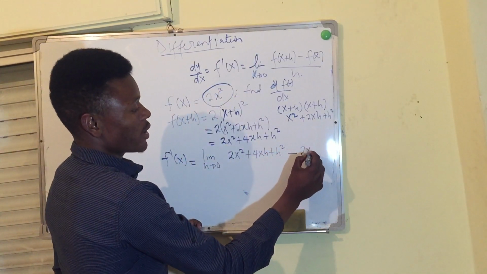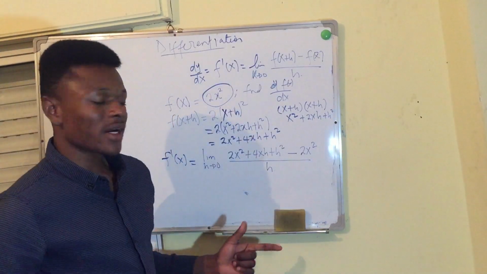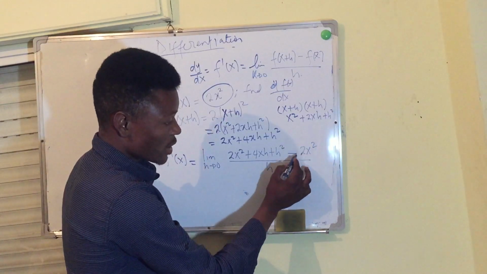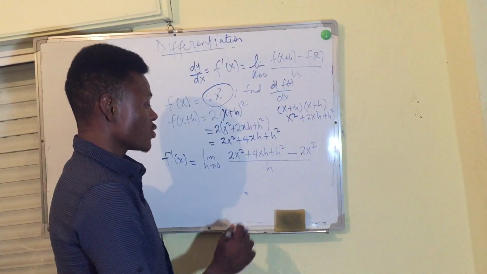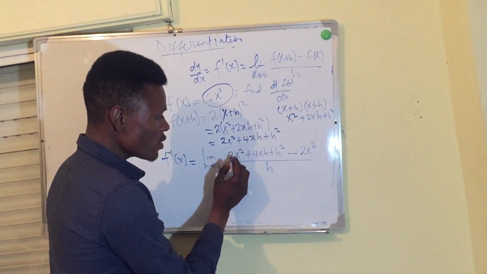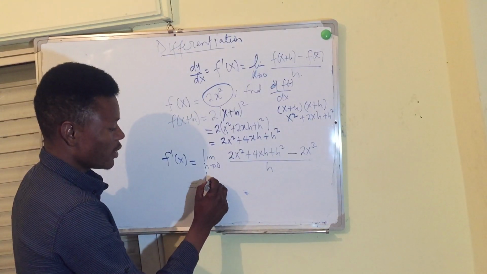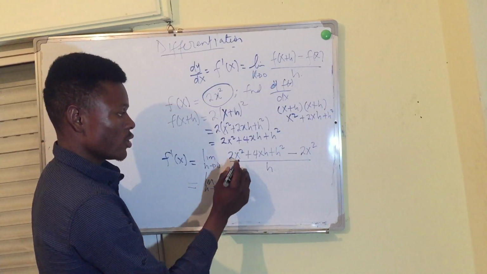So minus 2x squared divided by h. So daga nan like terms mun san 2x squared that is subtracted into x squared. So 2x squared minus 2x squared is 0. So ba mu da komai wurin. This cancels this.